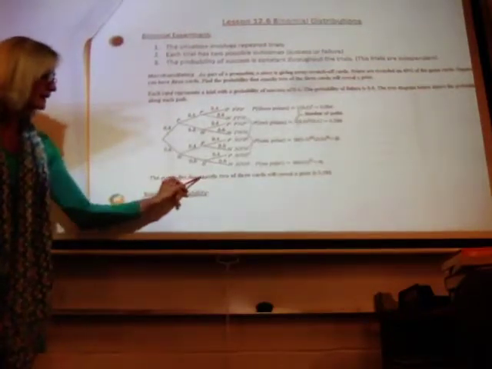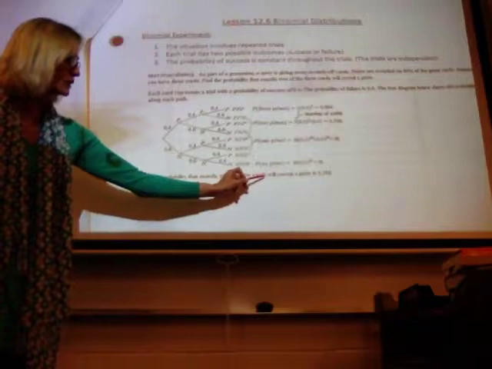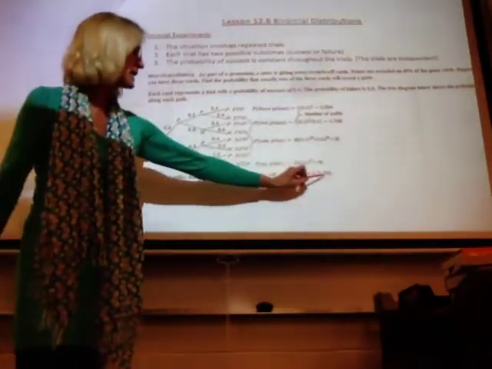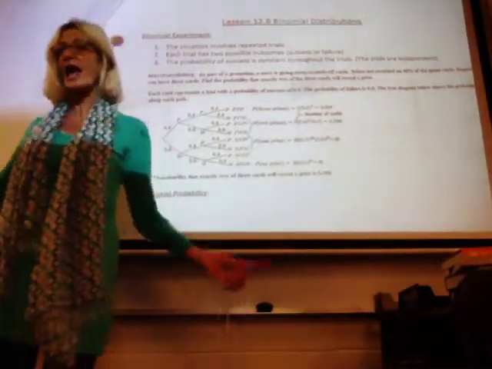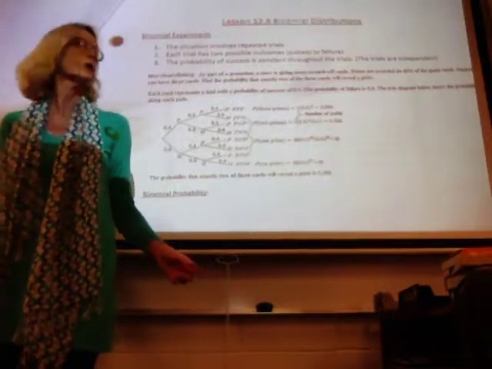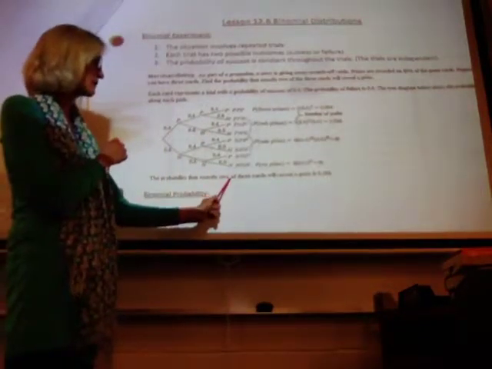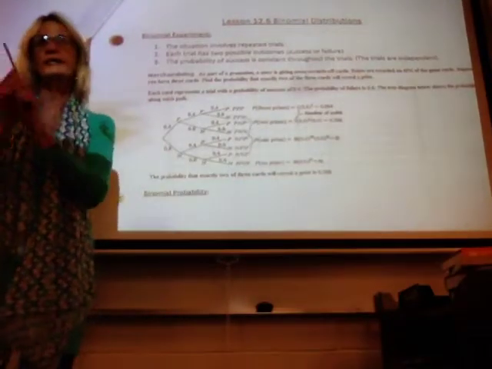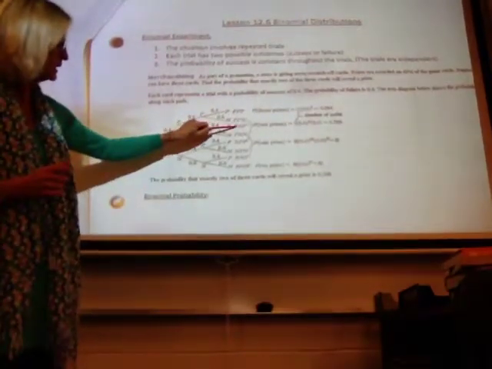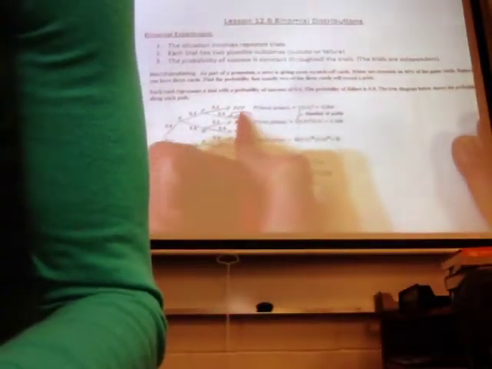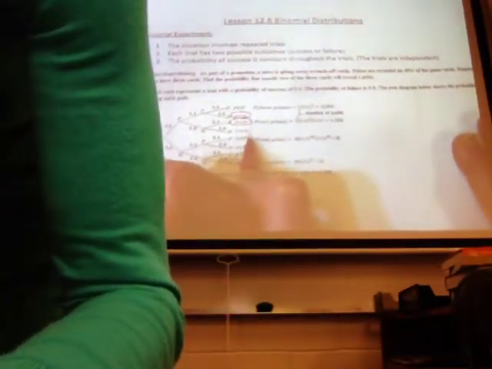So the probability that exactly 2 of the 3 cards will reveal a prize is 0.288. How did they get that? Well, if you look at this, 2 of the 3, so I'm looking for 2 P's in each one. Here's one, here's one, I'm going to circle them. Here's one, and here's one. So notice what they did here.